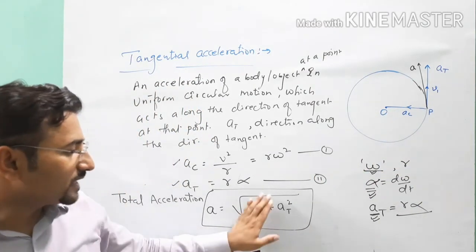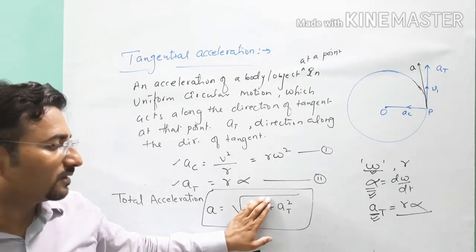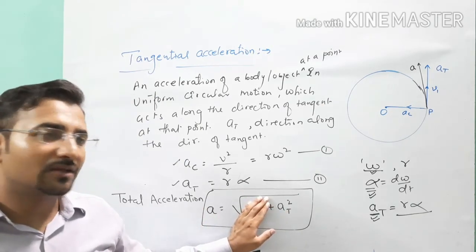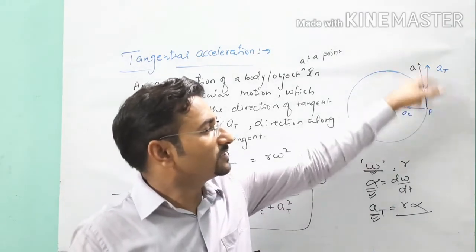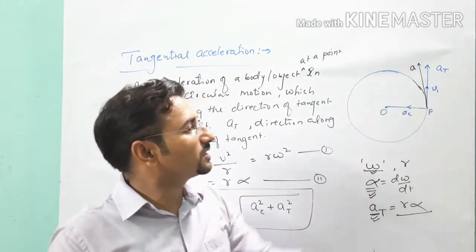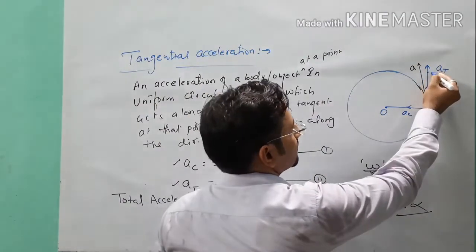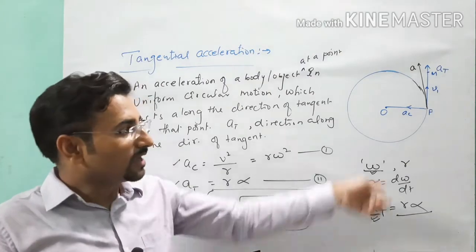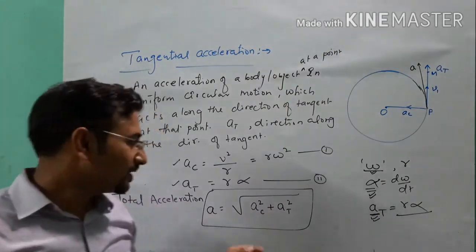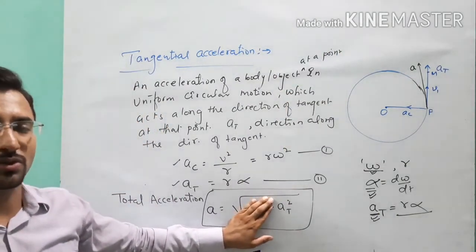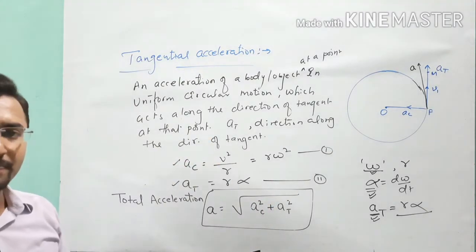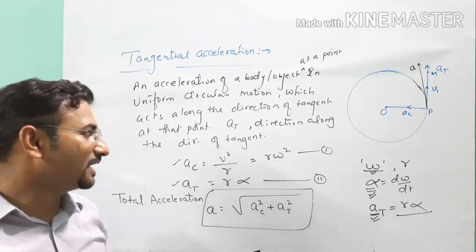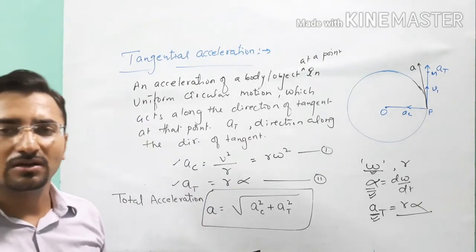And if suppose AC is equal to 0 here, at that time the total acceleration is equal to the tangential acceleration, and the body will accelerate tangentially, suppose along PM, means the object will accelerate along the tangent when AC is equal to 0. So these are the discussions about centripetal acceleration, tangential acceleration and the total acceleration in circular motion.